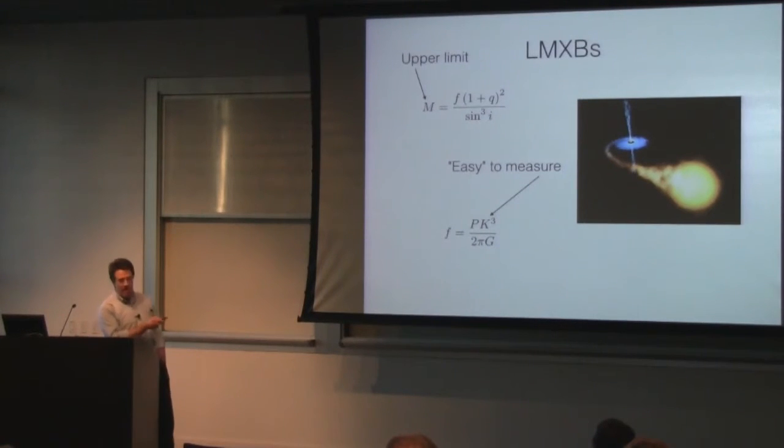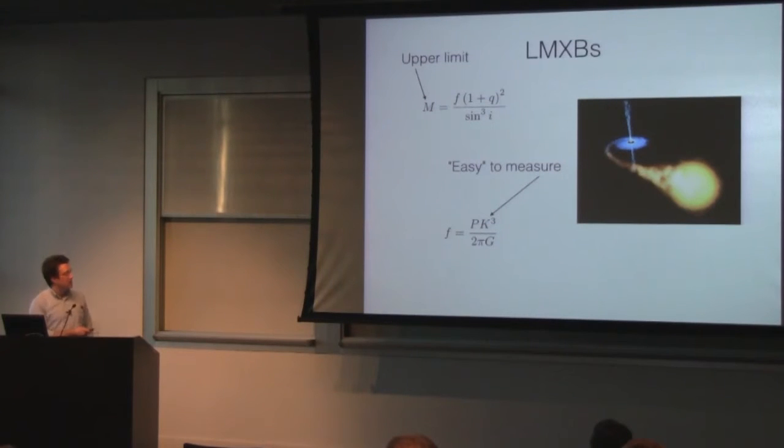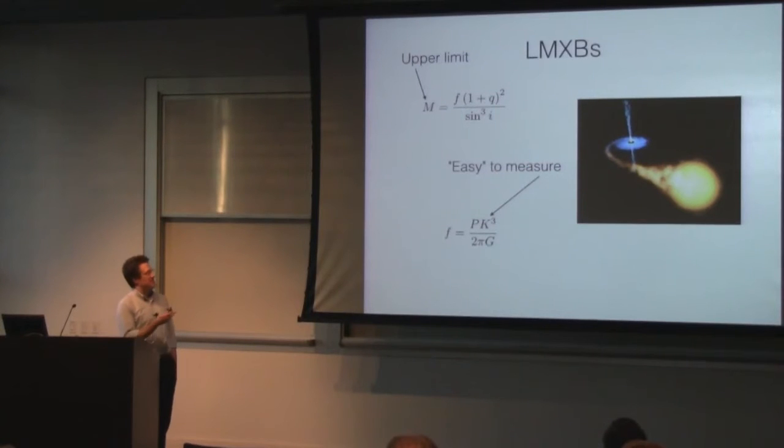And we find them primarily by looking at the X-rays, and then we characterize them by looking at the optical, at the companion star. And in particular, to characterize the mass of the system, we use what's called the mass function. For people who aren't astronomers, my apologies, there's about 8 different things that are called mass functions. It's a common name, and I'm even going to slip up and call a couple different things mass functions. But in this case, the mass function involves a quantity f, which I'll tell you about in a moment.